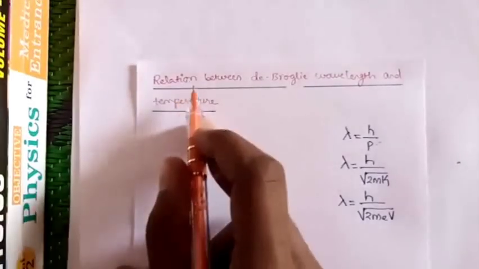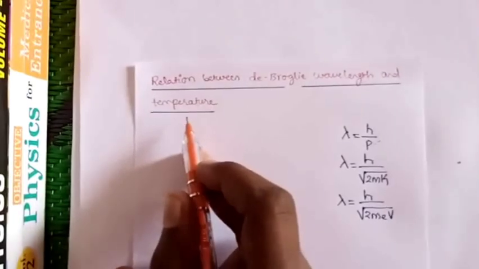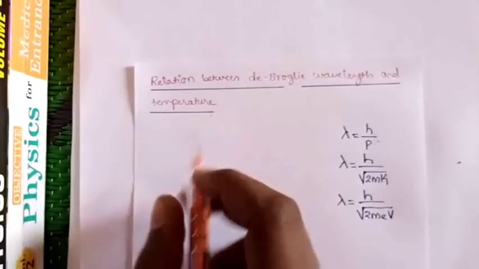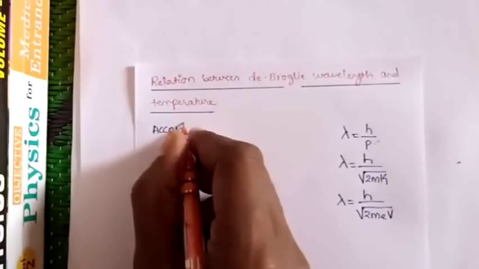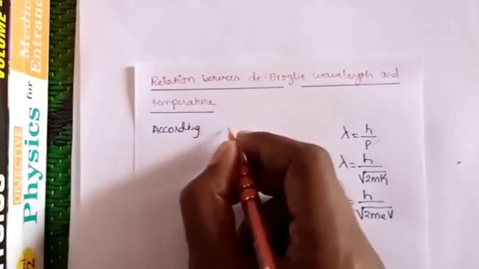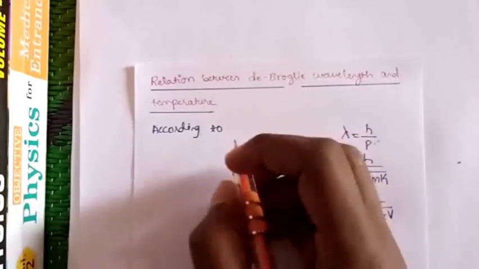Now we are going to derive the relation between de Broglie wavelength and temperature. According to kinetic theory of matter, already you studied about kinetic theory in the first year.